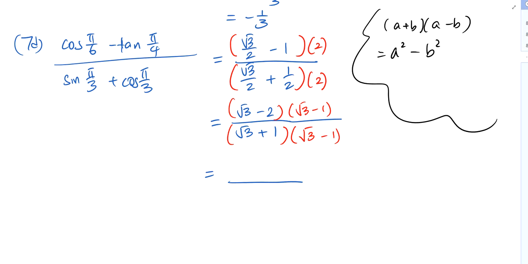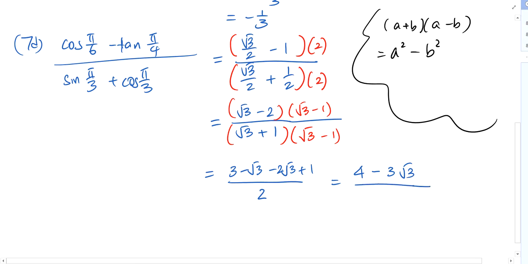So root 3 squared is 3. 3 minus 1 is 2. That's the denominator. Numerator, we've got root 3 times root 3, that gives us 3. Root 3 times negative 1, negative root 3, minus 2 root 3, plus 1. So this gives me 3 plus 1, 4 minus 3 root 3.